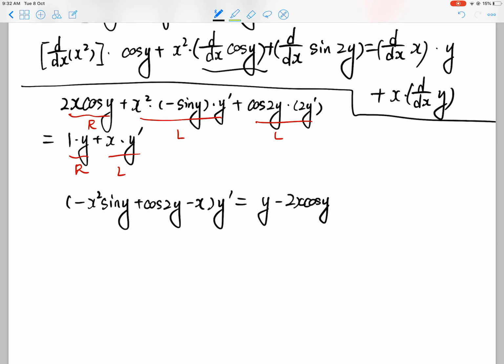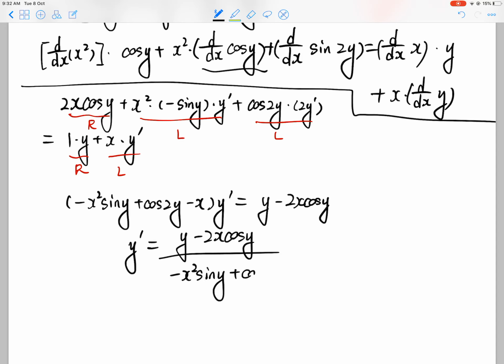So finally, your y prime is this numerator over this denominator. I think my answer is the same as the answer in the answer sheet.